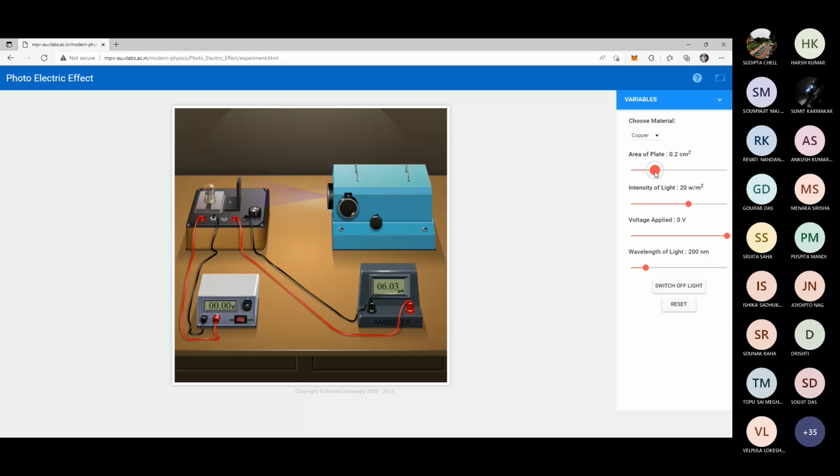That is the third table. Like this, you have to take at least 7-8 values of wavelength and the corresponding stopping potential for a particular material. For example, copper. Then you can calculate the work function of copper, and at the same time the Planck constant. Is this clear?